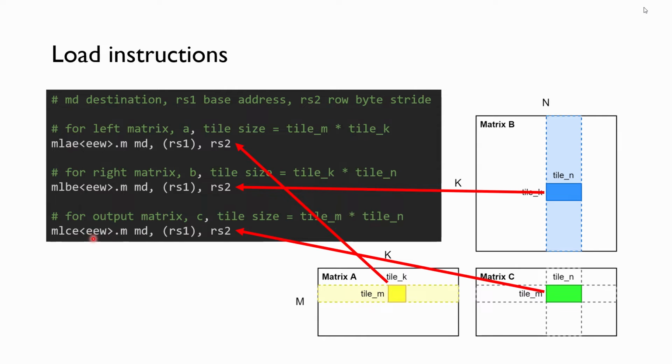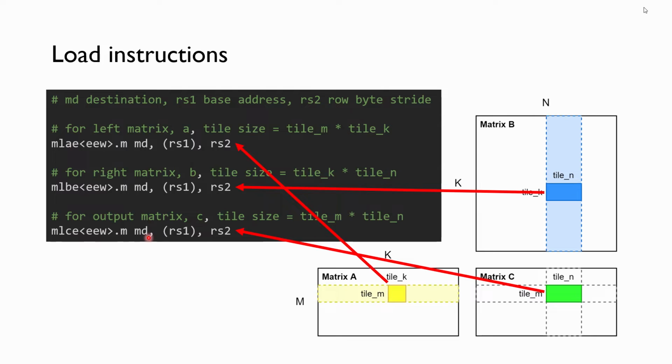And the EEW here stands for effective element width, and it encodes the element width in load store instructions. The M after the dot stands for the destination register types. So here is a matrix register, and the MD here represents the destination matrix register.